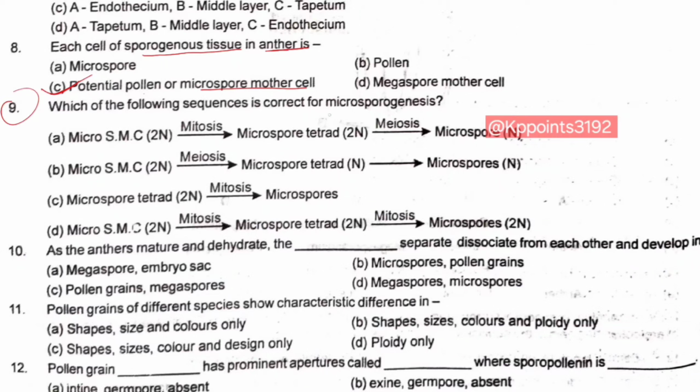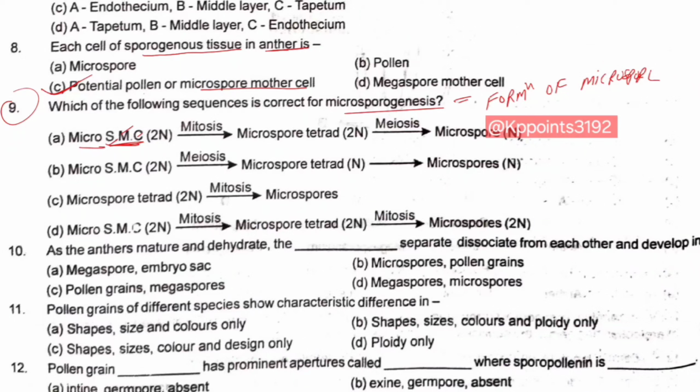Now question number 9. Which of the following sequences is correct for microsporogenesis? Microsporogenesis means formation of microspores. So the microspore mother cell passes through meiosis and forms a microspore tetrad.